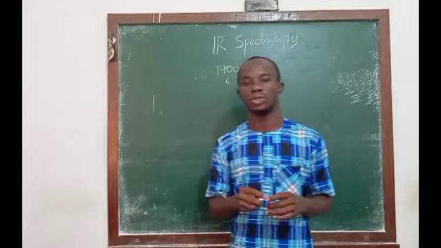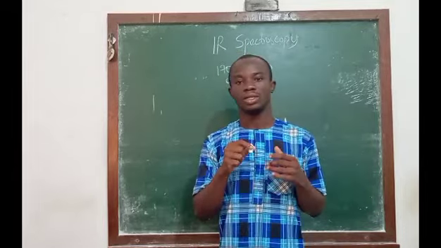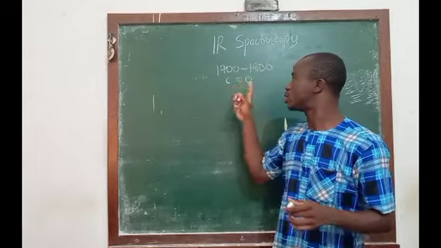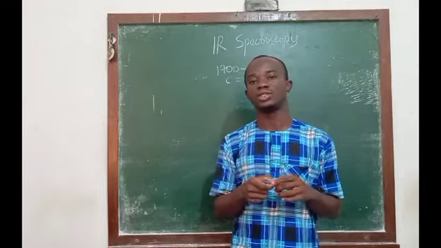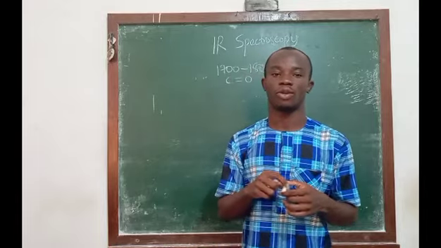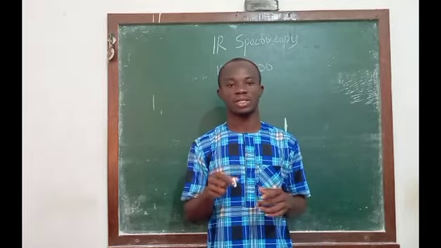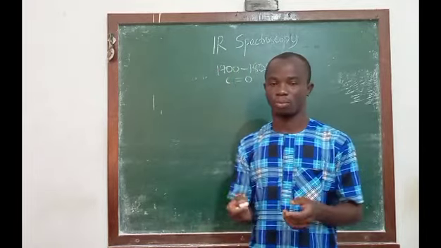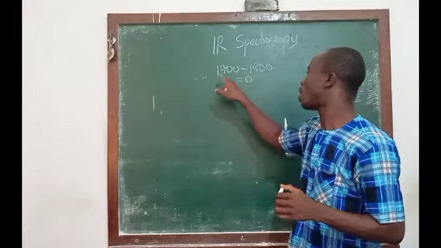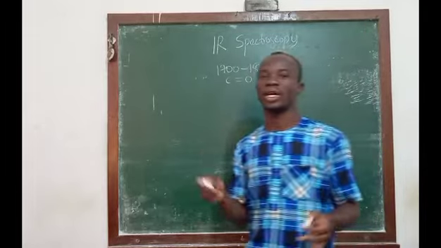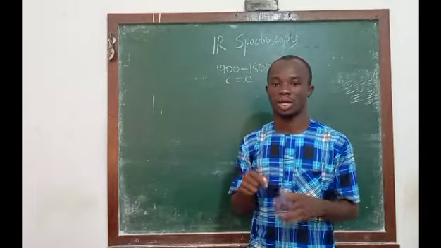Another thing I also want to note for this signal between 1700 to 1800 is that in some cases the signal might fall below 1700, and this usually occurs when the carbonyl functional group is conjugated to another double bond. So in a conjugated carbonyl compound, the vibrational frequency for this C=O might fall below this, because generally conjugation tends to lower vibrational frequency.